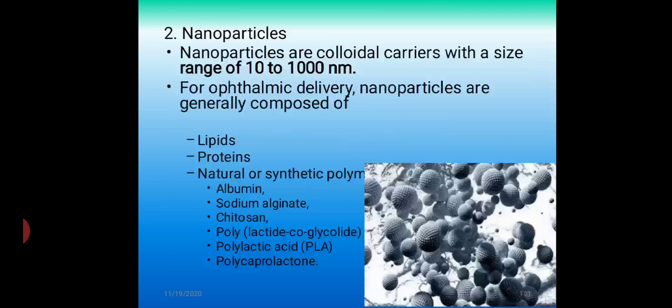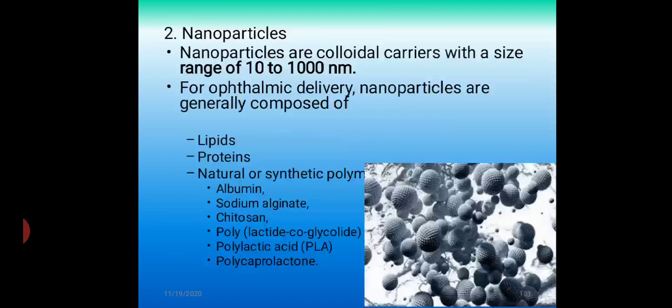The second one is the general nanoparticle. In the case of nanomicelles, the particle size was in the nano range and it was in the shape of micelles. Whereas nanoparticles are purely up to 20,000 nanometers, the maximum range. Here the major advantage is that the particle size is very small.